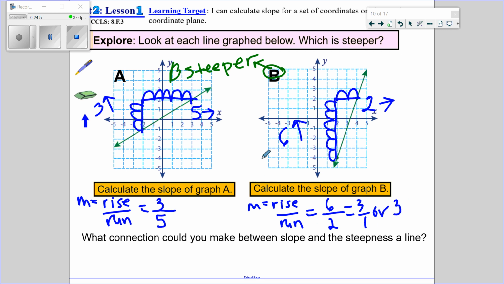They want to know which is steeper. We originally said B, but we also could tell that it's steeper by its slope. What connection can you make between slope and the steepness of a line? The larger the slope, the steeper the line.